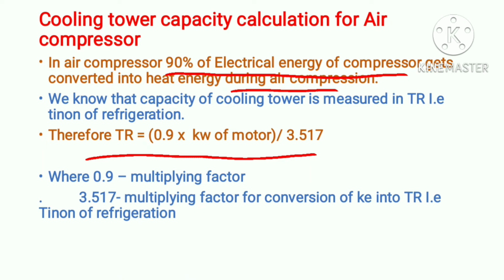Using this formula we can calculate the TR of the cooling tower. Here 0.9 is a multiplying factor, and 3.517 is the factor for conversion of kilowatt into TR.